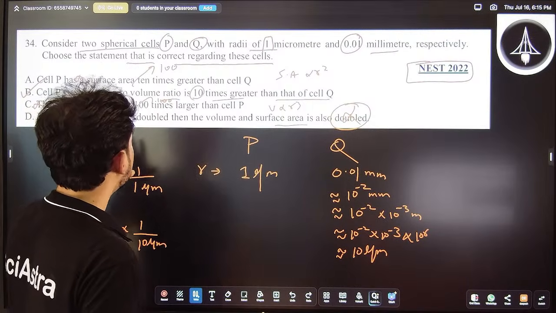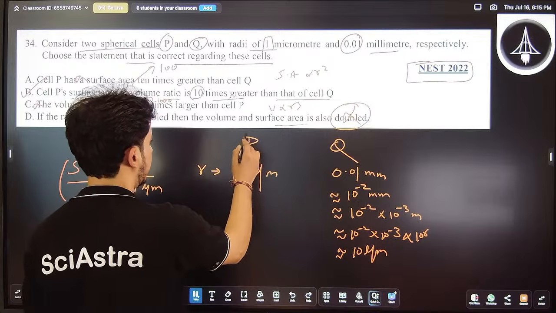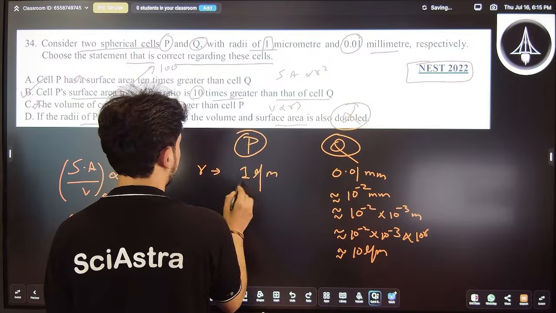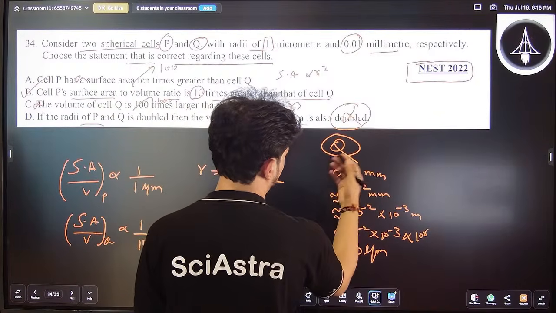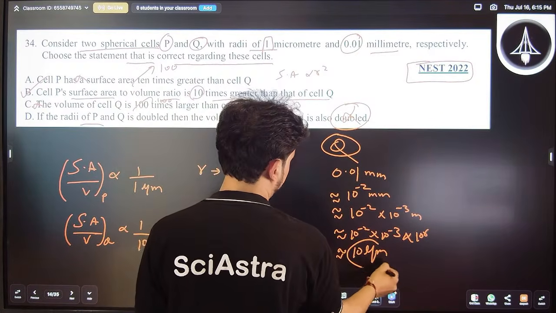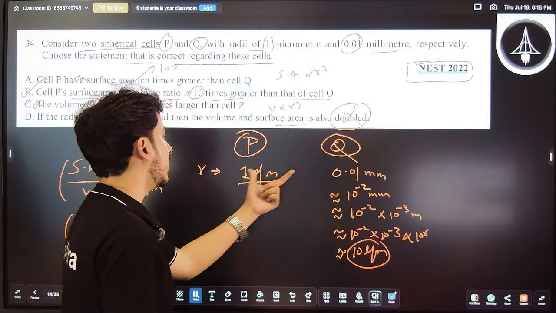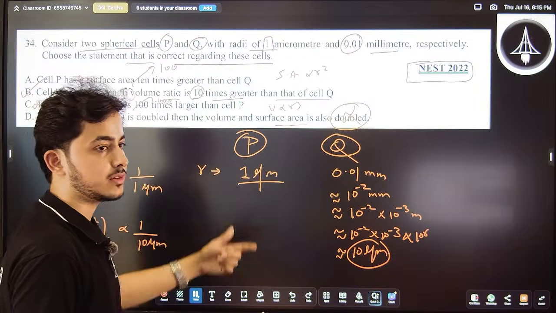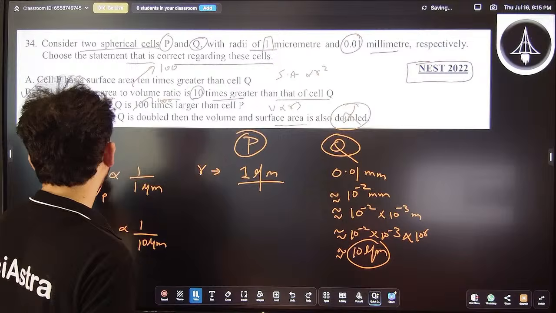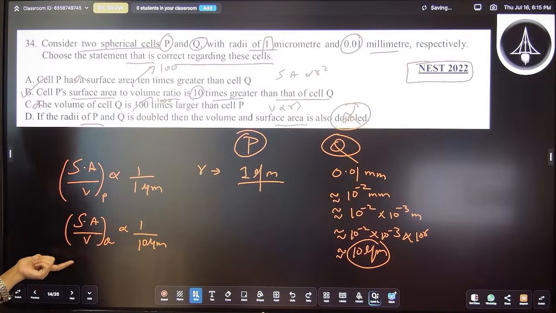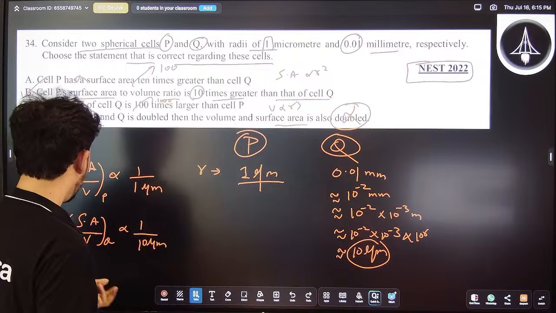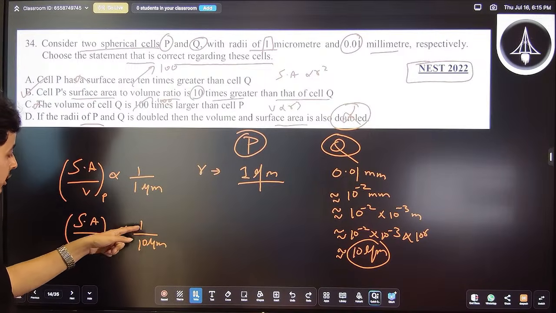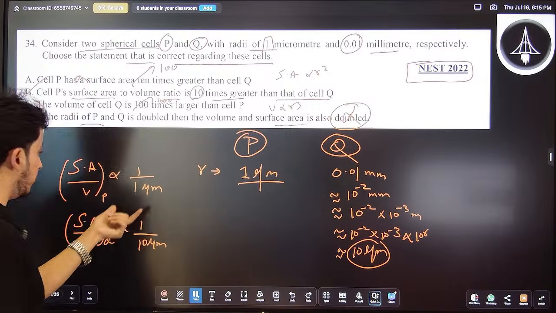So basically the question says you have two cells, one is cell P, another is cell Q. The radius of the first cell is 1 micrometer, the radius of the second cell is 10 micrometers. So you can simply say that the radius of cell Q is 10 times that of cell P. And if you talk about the surface area to volume ratio, that is dependent on 1 by R, that we saw. So for Q it is dependent on 1 by 10, for P it is dependent on 1 by 1 micrometer.